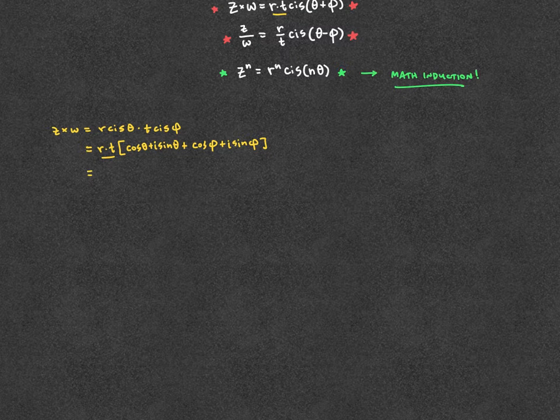Okay, now what I'm going to do, again, because I want to get this in cis form, is group my real terms, which would be cosine of, oops, hold on, I messed something up here. Yep, definitely did. Got to multiply those. I knew that was a little too simple.